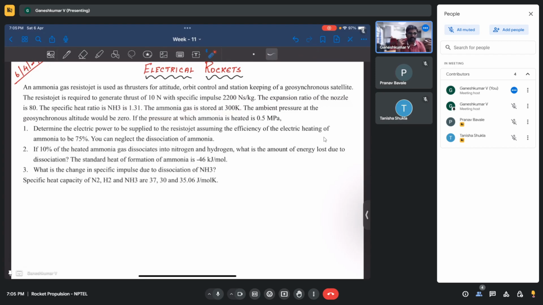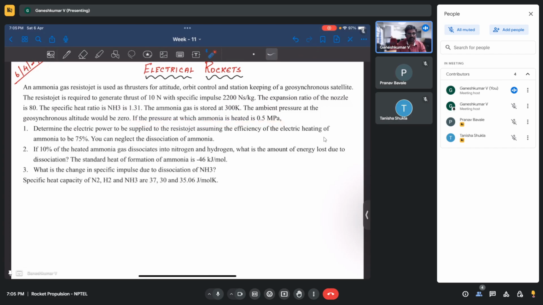So the cold gas is at 300 kelvin, and because of resistance we are going to heat it up. The ambient pressure of a geosynchronous orbit at this altitude would be 0, which we all know is vacuum.